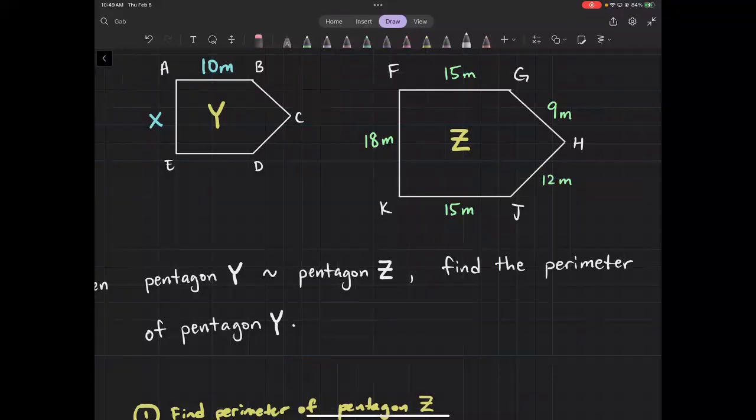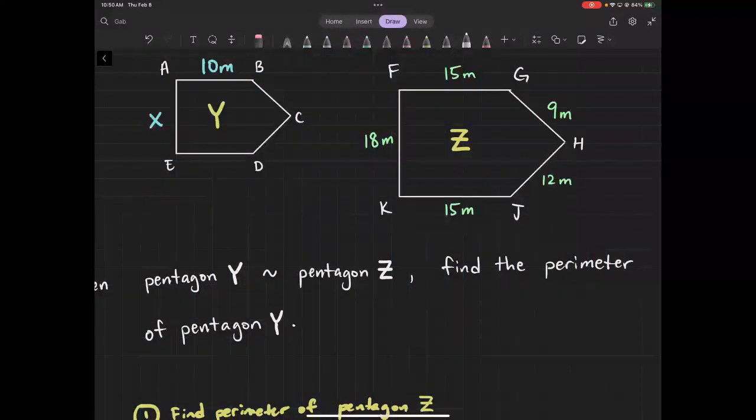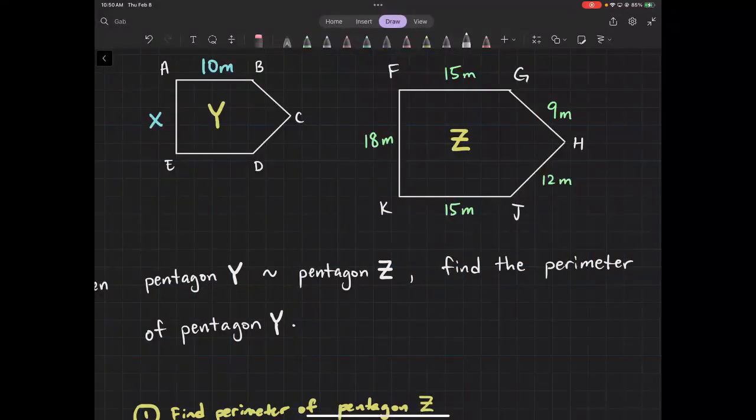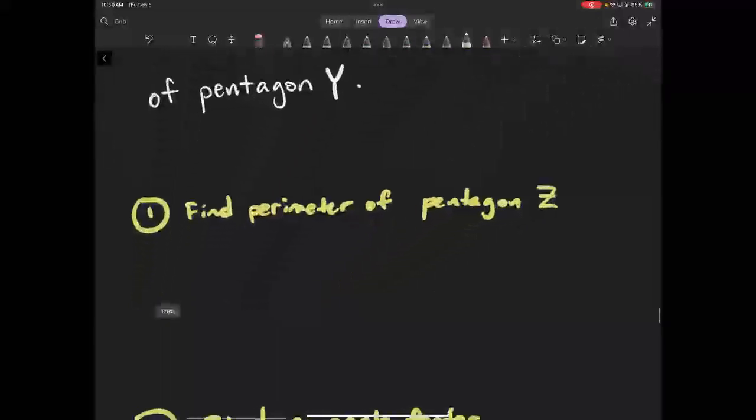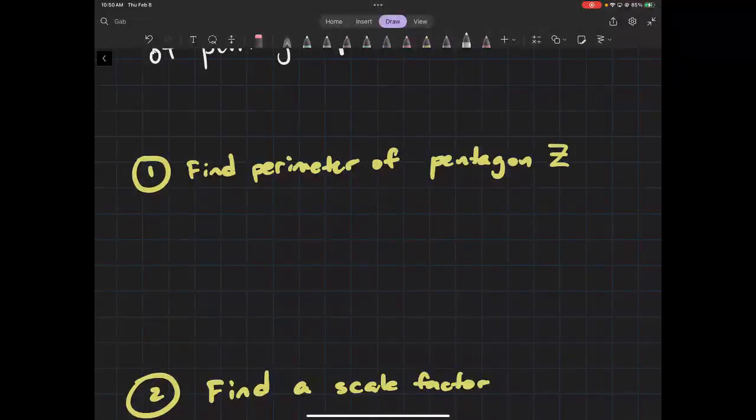Okay, I think I can simplify this process for you guys by providing steps. I have 3 steps for you guys. Ready? The first step is whichever polygon they give you that has all the information.